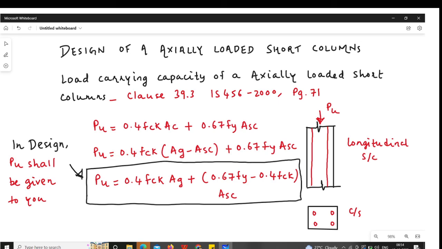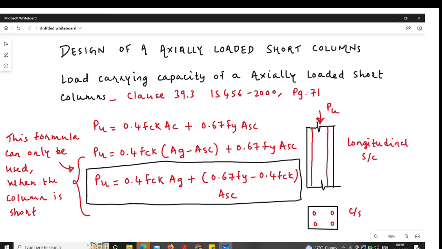What load is coming on the column will be given to you, and you will be asked to decide the cross section of the column, calculate the reinforcement and provide the reinforcement in that particular column. Okay, so we have two types of problem: analysis problem and the design problem, and we can use this formula to do analysis as well as design.